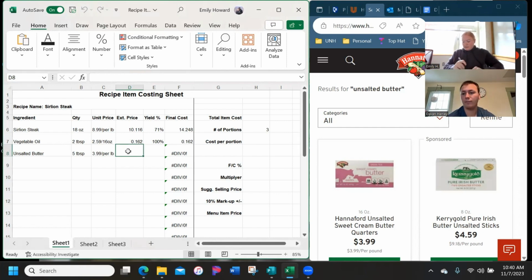Let me just do it out just so I can make sure. $3.99 divided by 16 equals 0.2, and I'm not rounding it when I do the $3.99. No, you don't want to round each calculation. You just want to round the final, like when your last calculation, you can round. And then once I get that, I'm just timesing it by the ounces that you need, so 2.5.